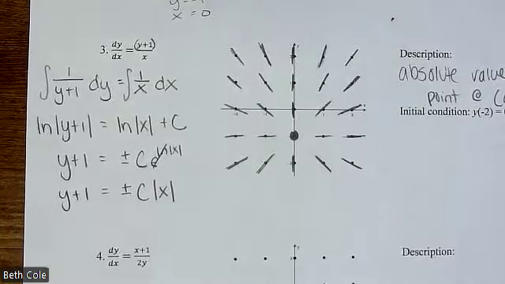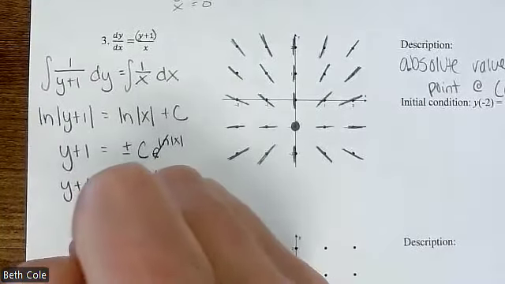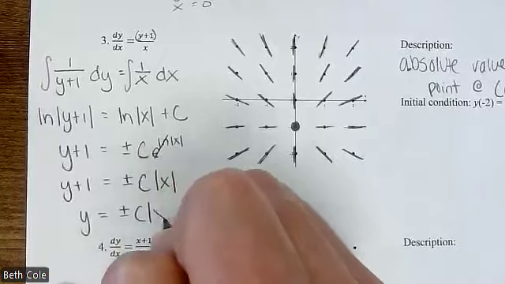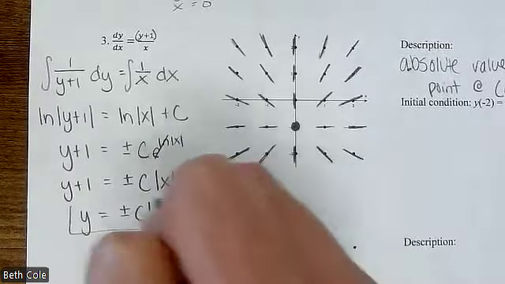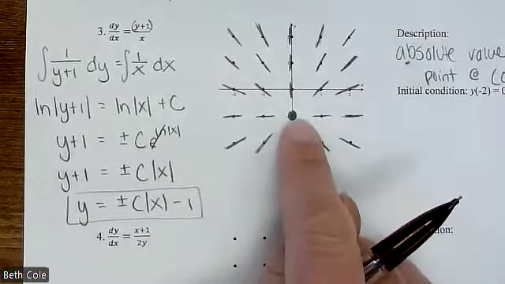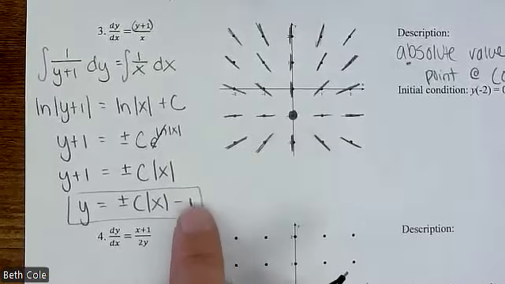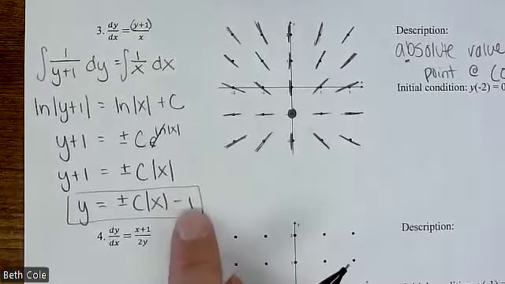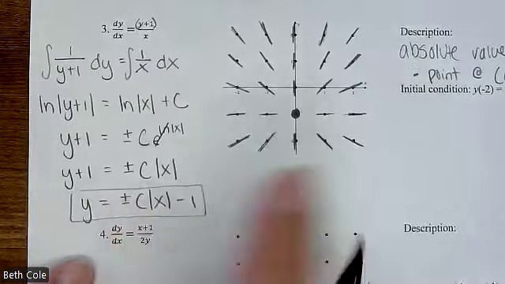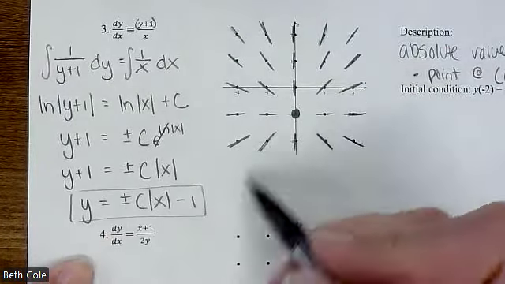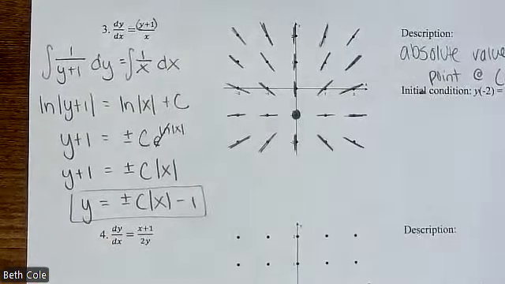Again, the point here is to make connections. And then your last step is to subtract the 1. And so that should reinforce for you that that point is going to be at 0, -1. Remember your transformations, move down 1? The plus or minus indicates that it could be facing upwards or facing downwards. Again, an infinite number of answers.